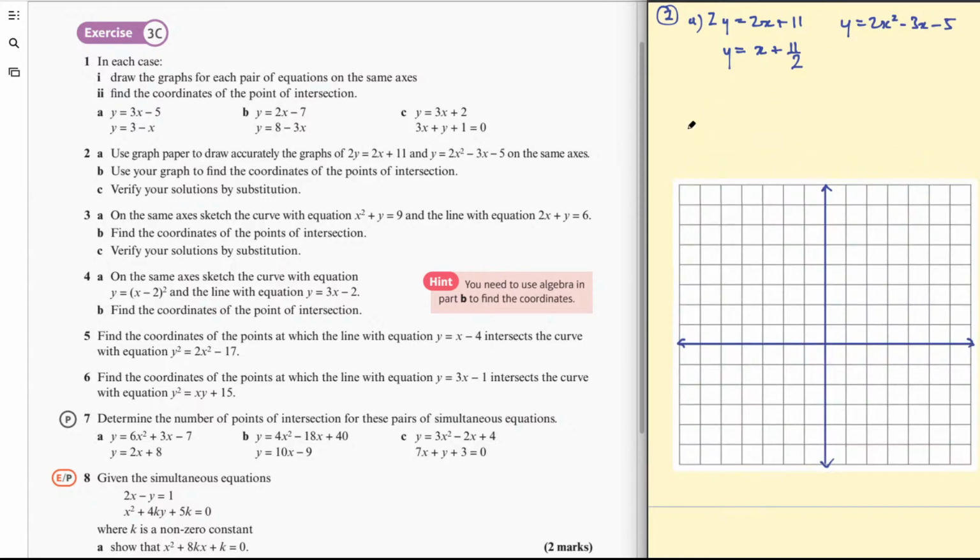So the table of values for the quadratic. We can go from, say, -3 to 3.